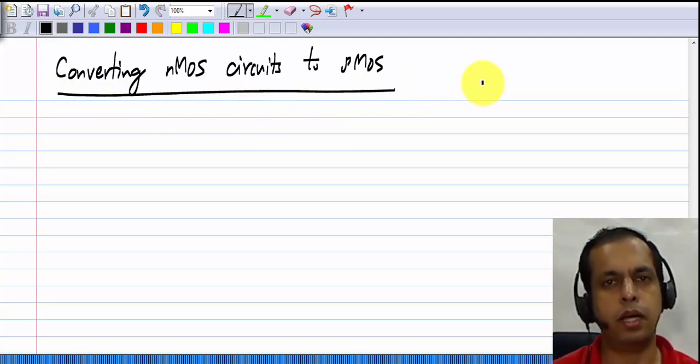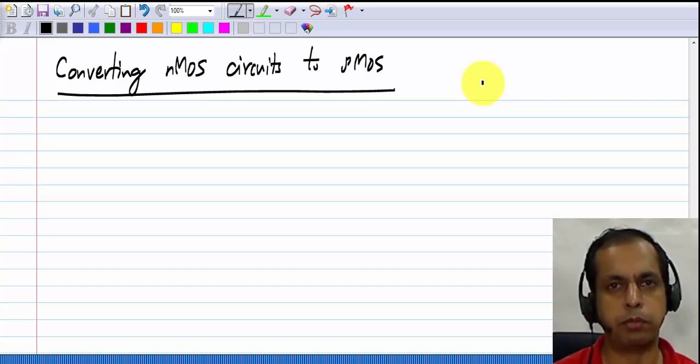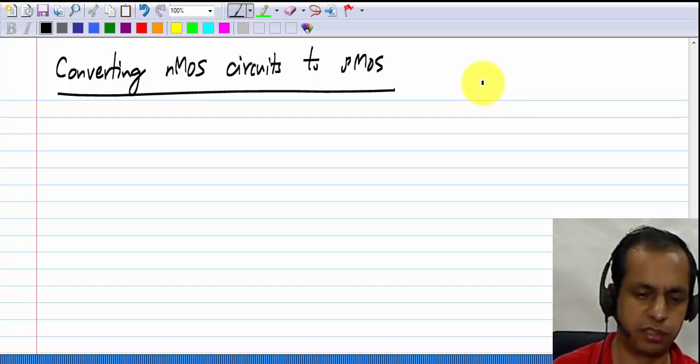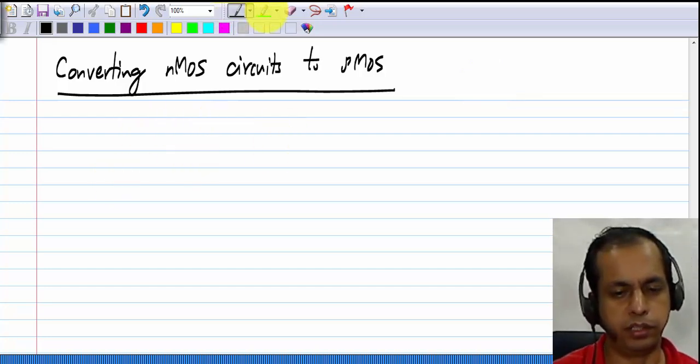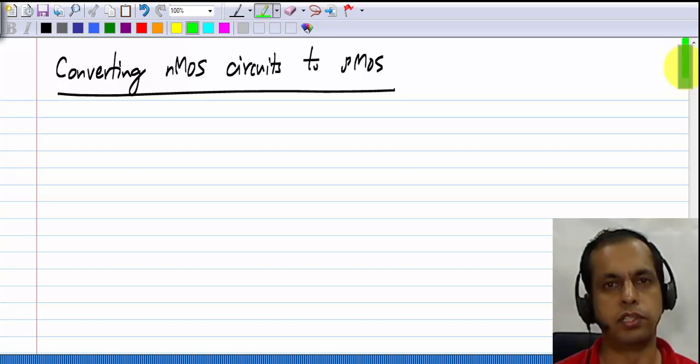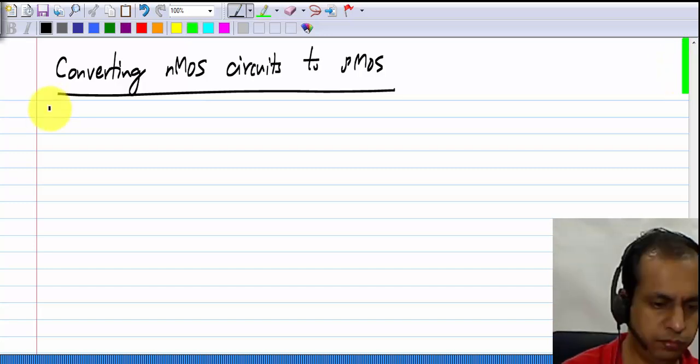I will take the example of common source amplifier with source feedback biasing, but exactly the same principle applies to any other circuit. By taking this example, we also will have an illustration of another circuit using PMOS transistors.